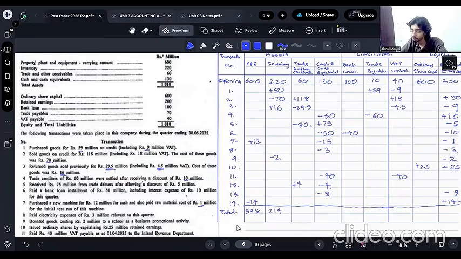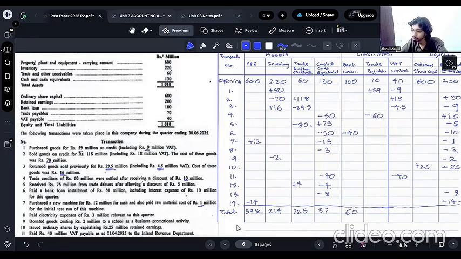Trade and other receivables 60 plus 118 minus 29.5 minus 80 plus 4, 72.5. Cash and cash equivalent 130 minus 50 plus 75 minus 50 minus 13 minus 3 minus 40 minus 4 minus 8, 37. Bank loan 100 minus 40, 60.